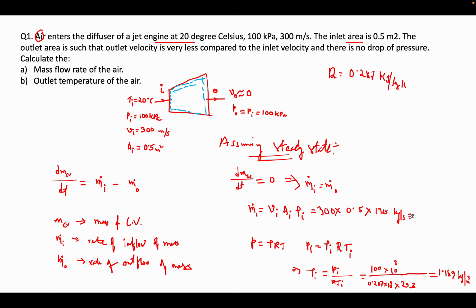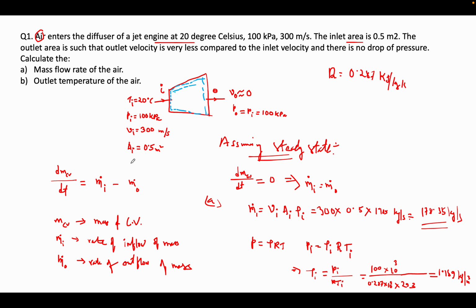Let us calculate this one: 300 into 0.5 into 1.189. It is 178.35 kg per second. This is the answer of the first part.